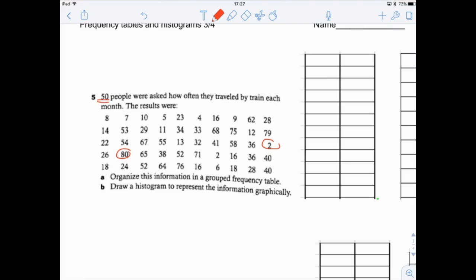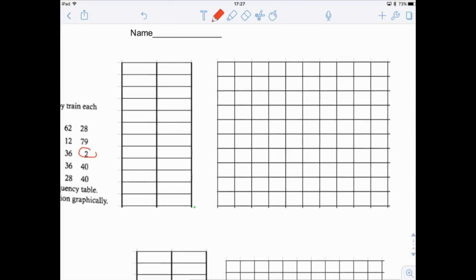Let's assume that we got numbers from about 1 to 80 or 1 to 100. If we have numbers from 1 to 100, maybe we could divide those into tens. That would be kind of a convenient unit to divide it in, right? Let's see if our graph paper is big enough for dividing by tens. So we're going to divide by tens.